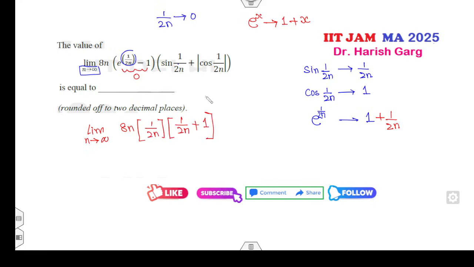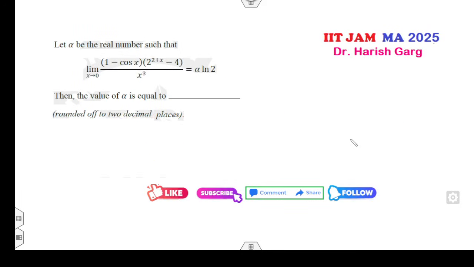So now can you take the limit? It will be 4. Now if you take n approaches infinity, that value will be 0. The answer is 4, the correct answer. This question looks very difficult, but once you apply my shortcut tricks, you can get the answer in a reasonable time. Look at the next one.